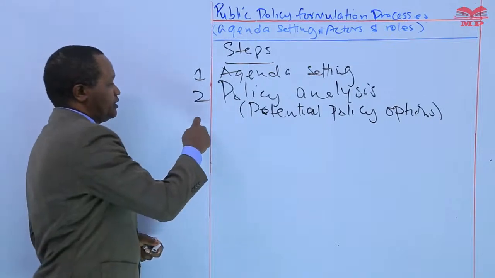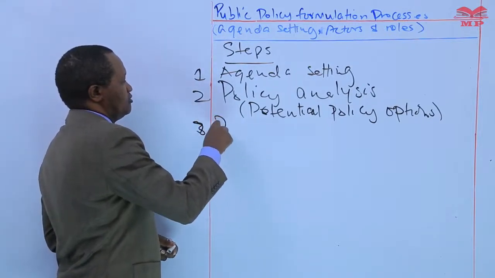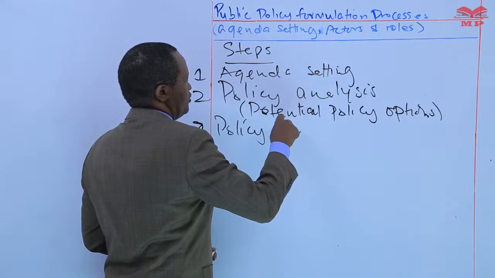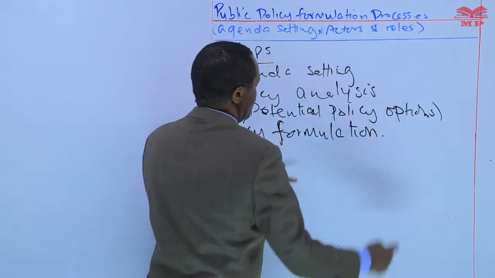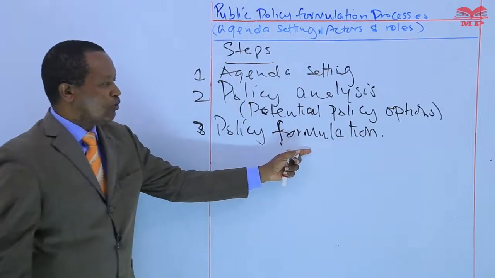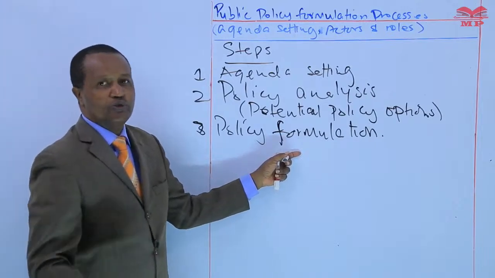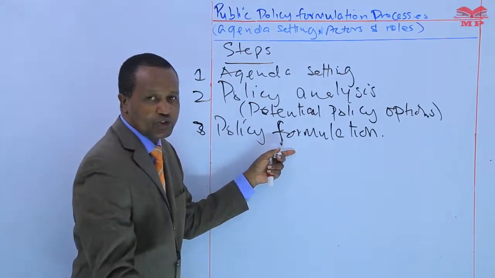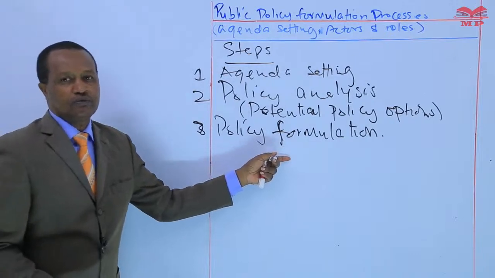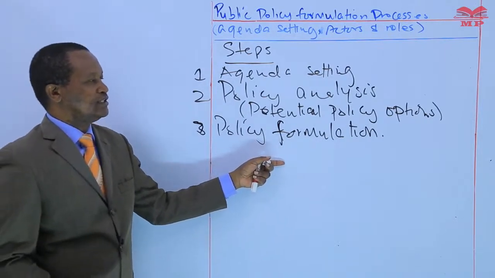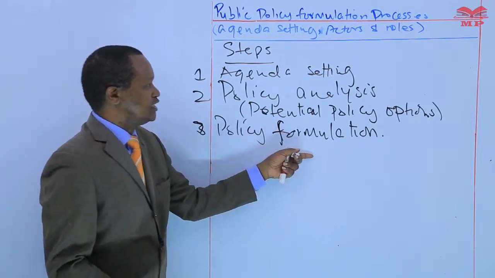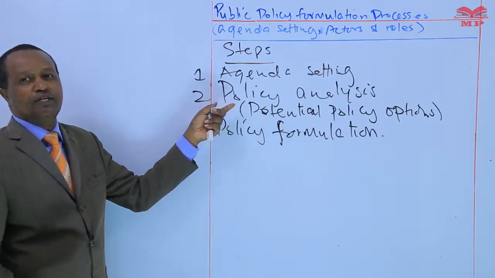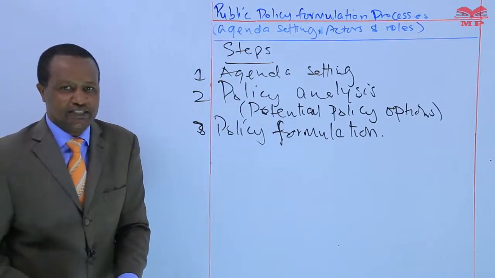Then the third step is policy formulation. Formulation is derived from the word form, to create, to develop. So, candidates, policy formulation is based on the results of policy analysis.